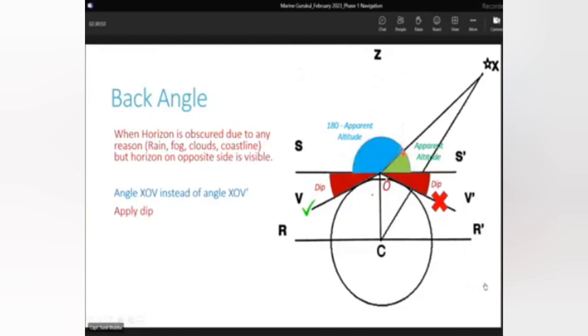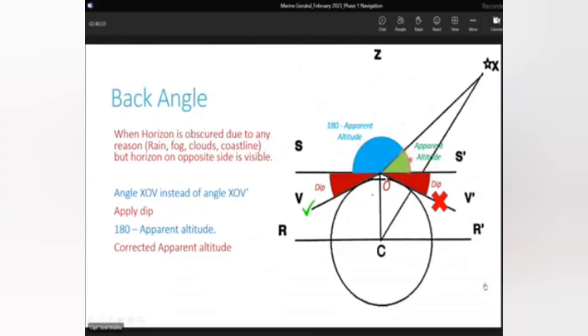So if we have obtained the blue color angle, 180 minus this angle would give us the apparent altitude that we require. We call this also the apparent altitude in the back angle calculation. Once you do 180 minus apparent altitude, you get the corrected apparent altitude.